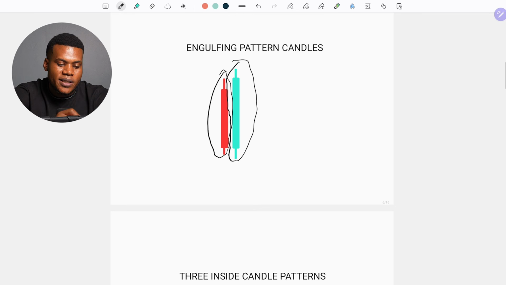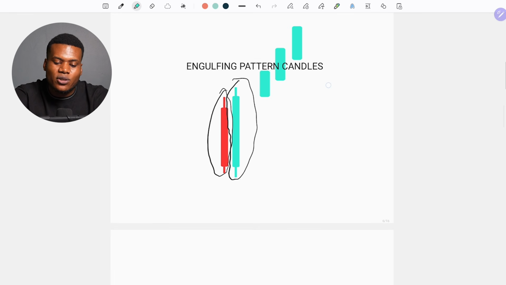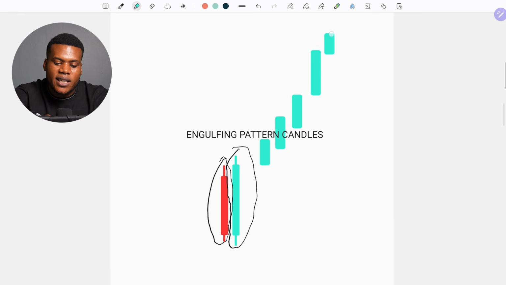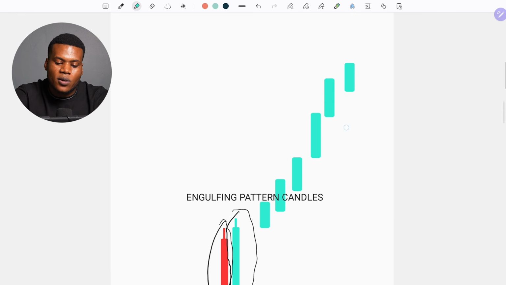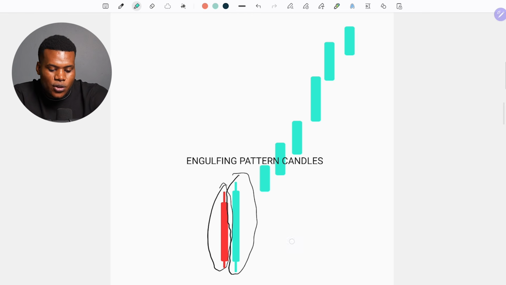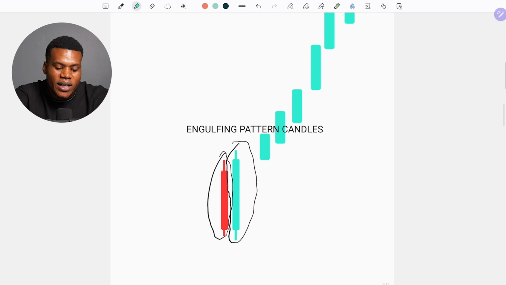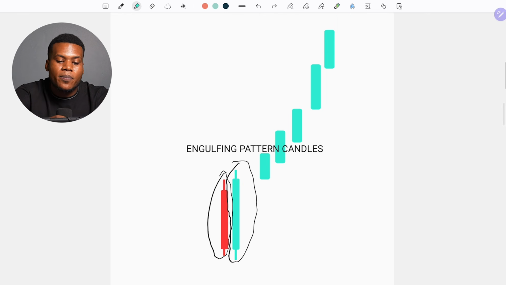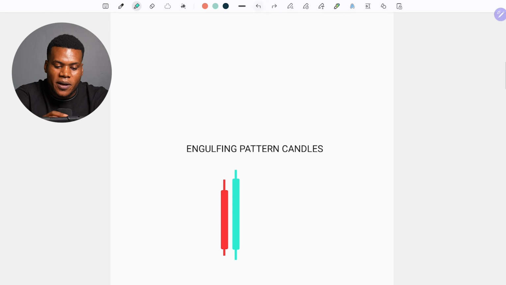So every time we see this candle, we expect the market to continue going where? Up. But we don't only use candlesticks. There is the help of other things that we are going to talk about in this video. So this is what we call the engulfing pattern candle. Every time you see this candle, the market is going to go where? Up.